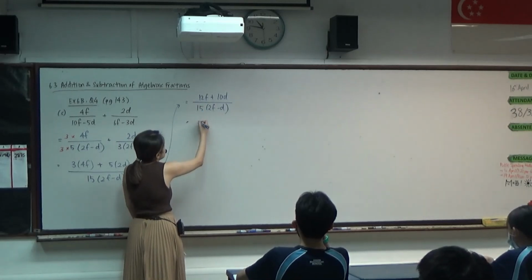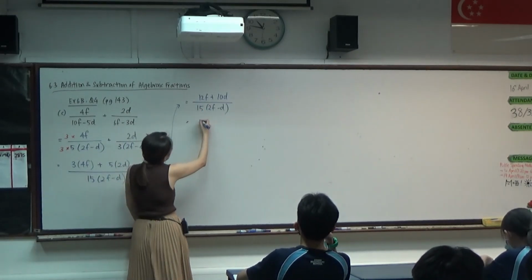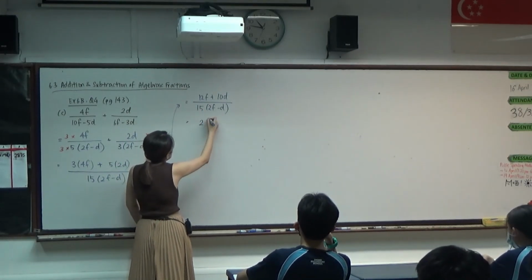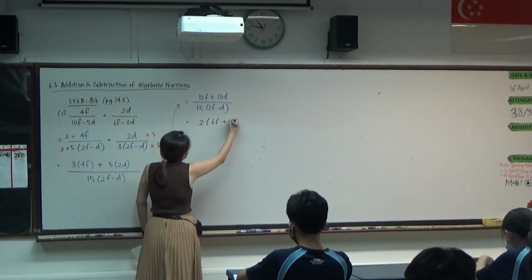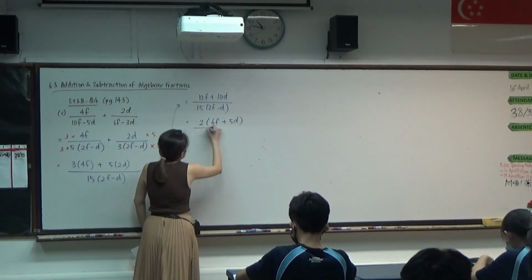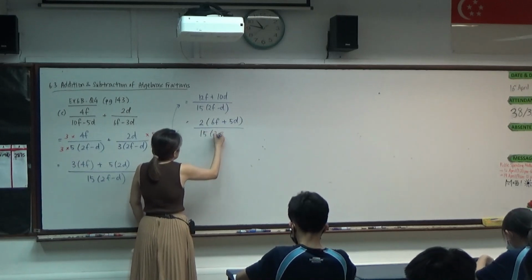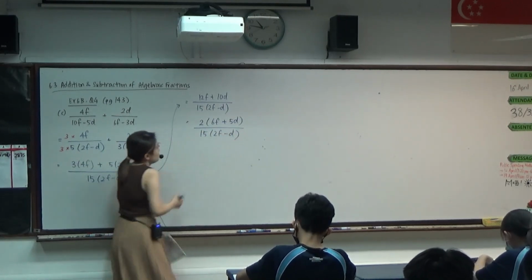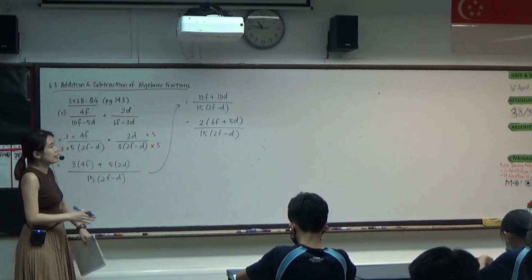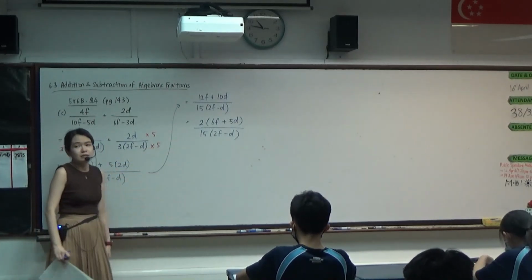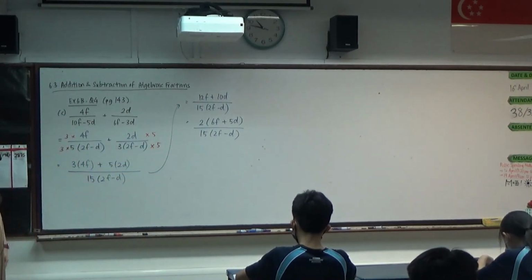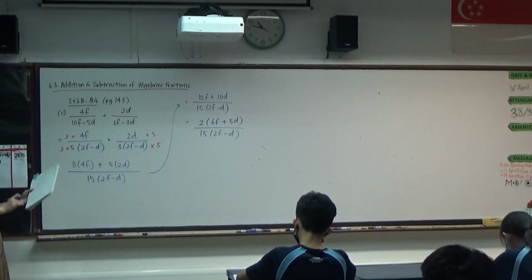In this case, if you factorize the numerator, you will be able to extract a factor of 2, such that we have 6f plus 5d. So we can see very clearly now, if we have factorized it, that there's no other common factor, no other way to simplify this question.